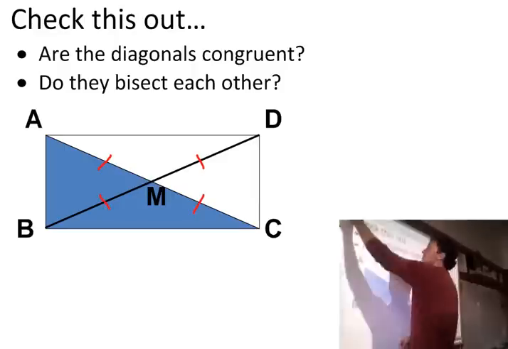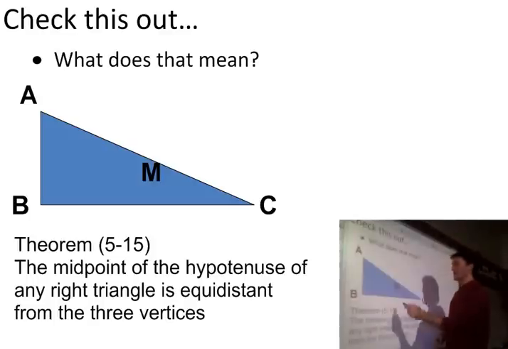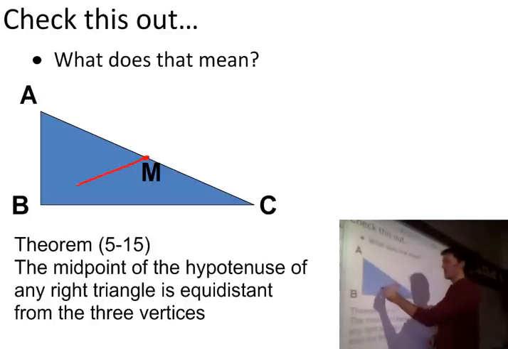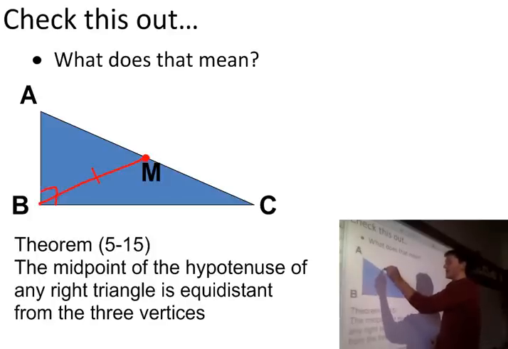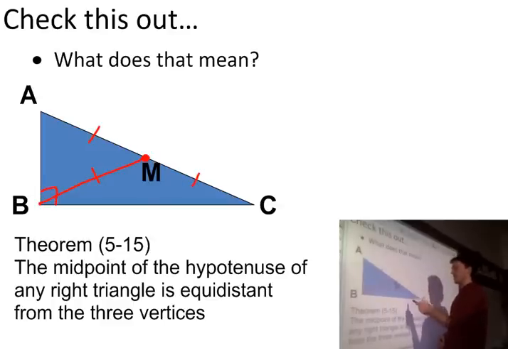Well, let's go back to the right triangle. What that means is, when I drew this line from the right angle of the right triangle to the midpoint of the hypotenuse, then that distance is the same as the distance from the other vertex to the midpoint and the other vertex to the midpoint.